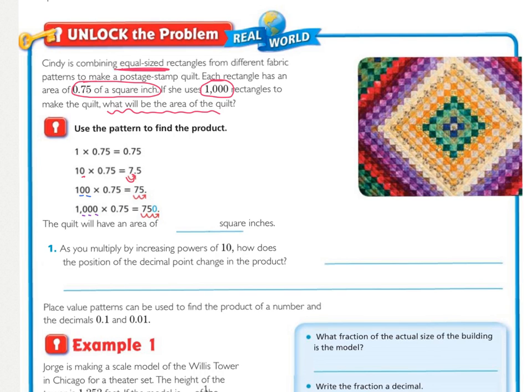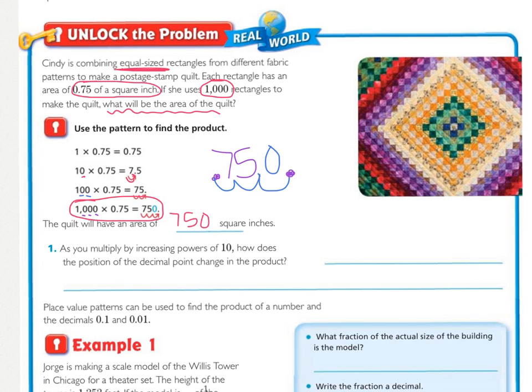The only problem was with 75 hundredths, if you move it, there's 1, 2, we need to move it a third time, so we have to add the 0 to it, and then that's the answer. So the quilt will have an area of blank square inches, and our answer is 750 because this is how many rectangles they asked for.